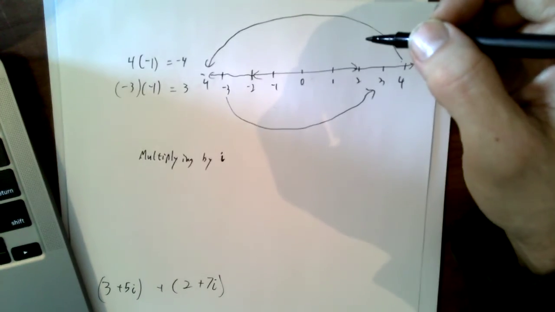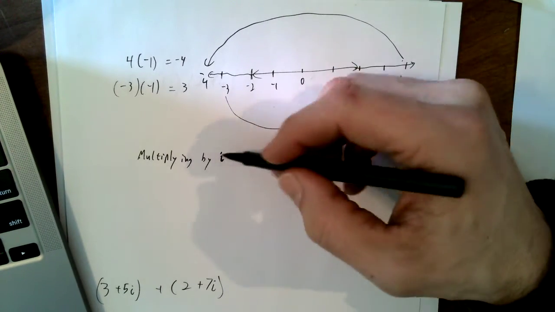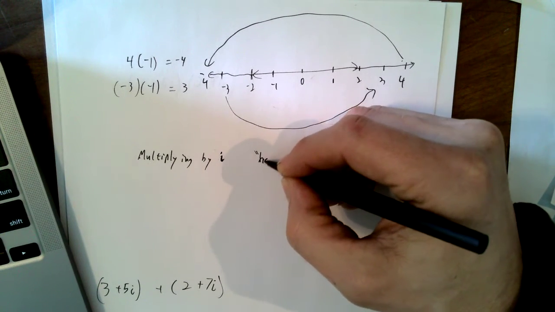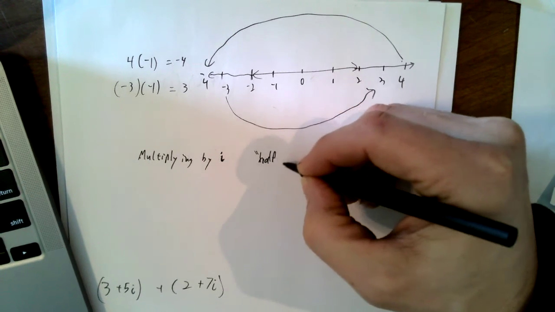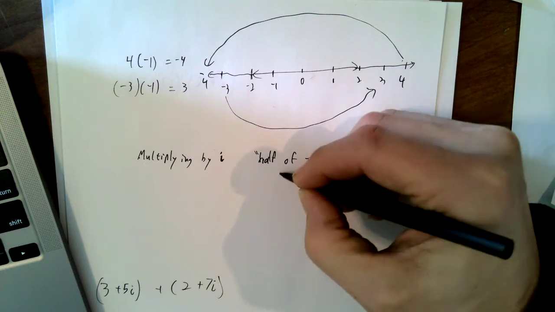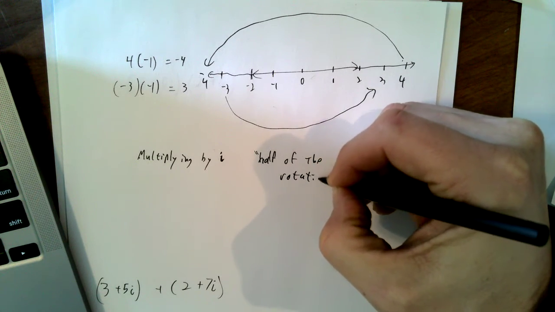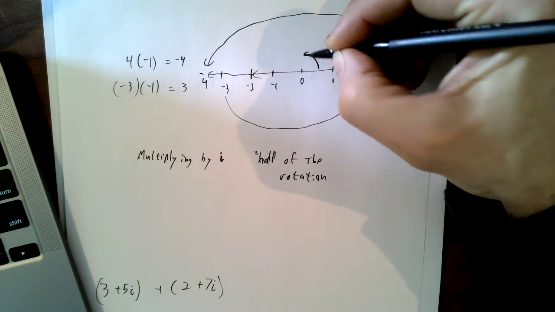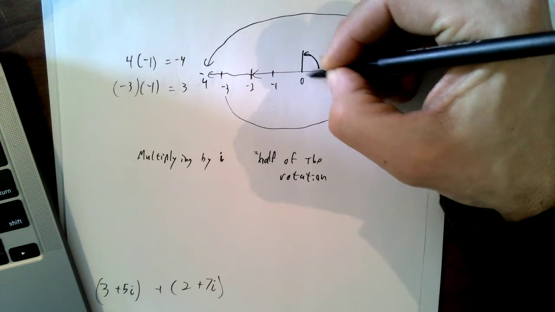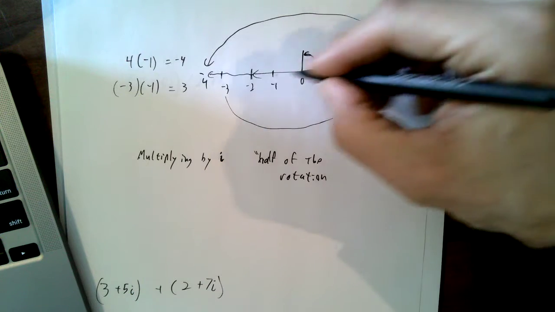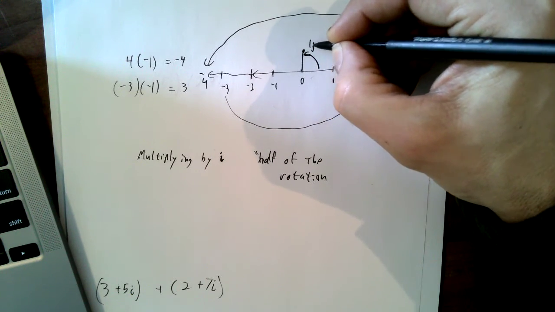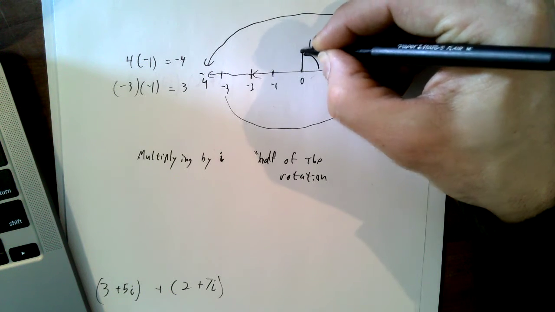It's an opposite. Well, I want to think about multiplying by i as kind of half of that rotation. Which means if you start with 1 and multiply by i, it only goes halfway there. It's not on the number line anymore. The real numbers are in a nice line, and 1 times i is going to be out here, off from the number line.